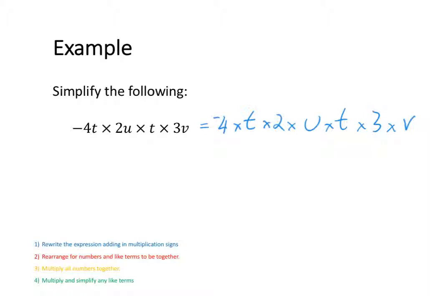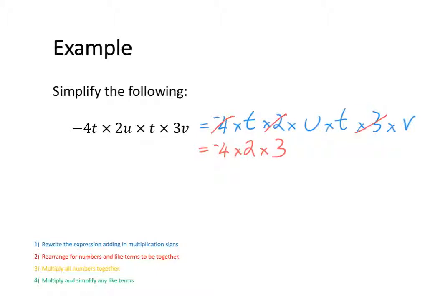So now that I've gone ahead and rewritten the expression with all of the multiplication signs, I want to go and group all of my numbers and like terms together. So starting off with grouping all of my numbers together, that's going to be negative 4 times 2 times 3. And I can actually go ahead and cross those out to help me make sure that I don't leave out any terms when I'm writing my new expression.